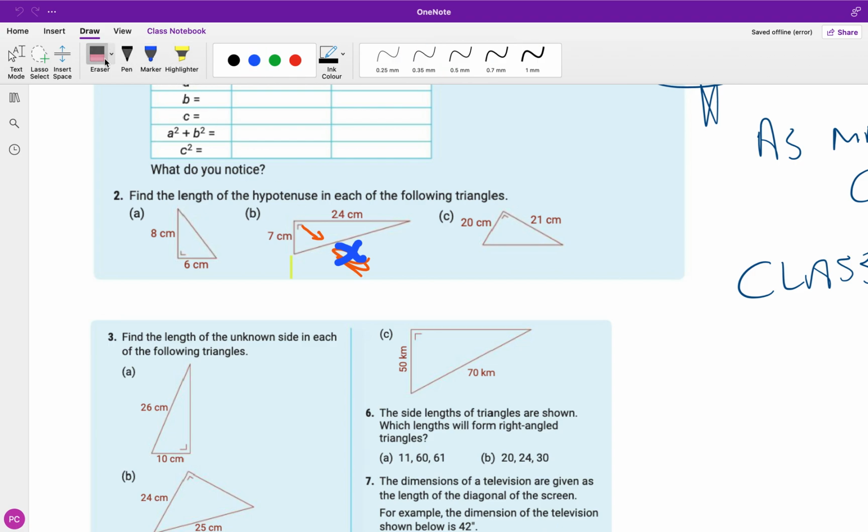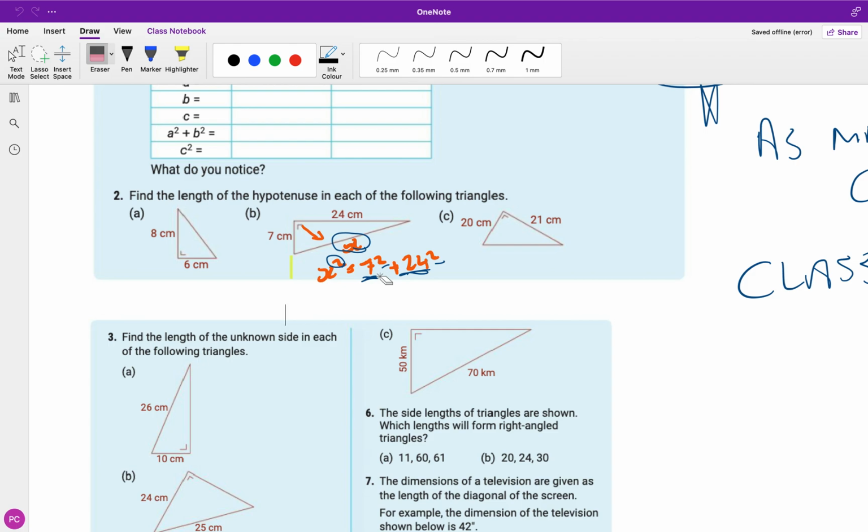It's going to be X squared is equal to 7 squared plus 24 squared. So Pythagoras is always the same. Whatever the hypotenuse is, there's X squared is equal to one side squared plus the other side squared, and you work that out.